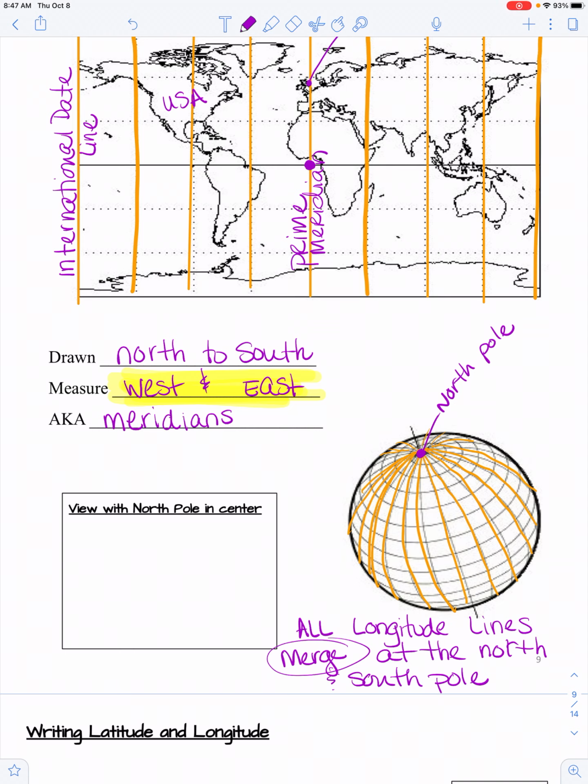And if I am looking down at the North Pole, like we were doing with latitudes, here I want to look at what my longitudes are going to look like. North Pole in the middle.